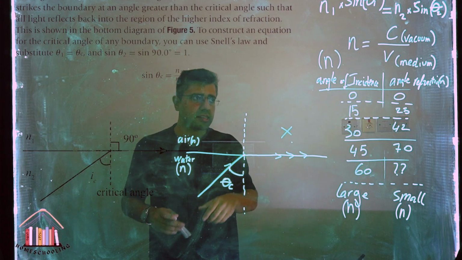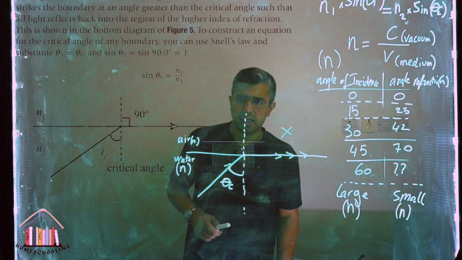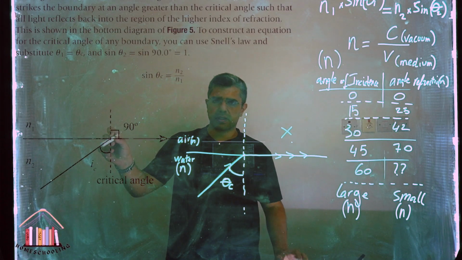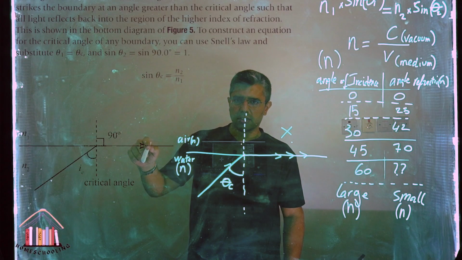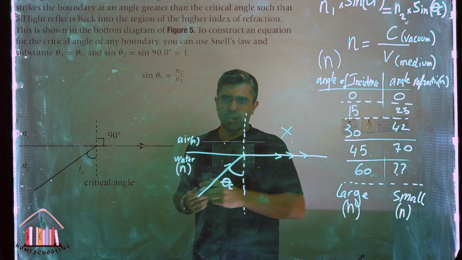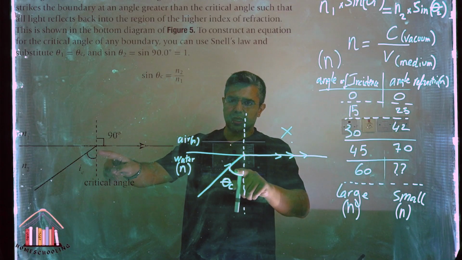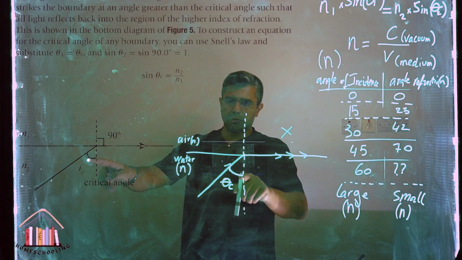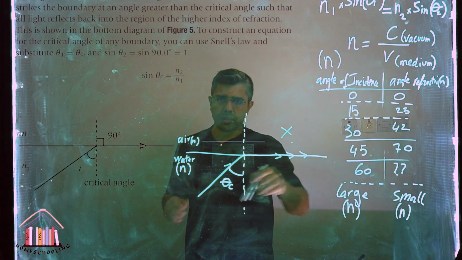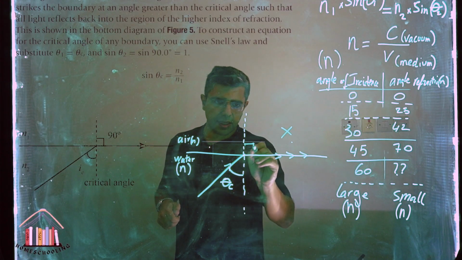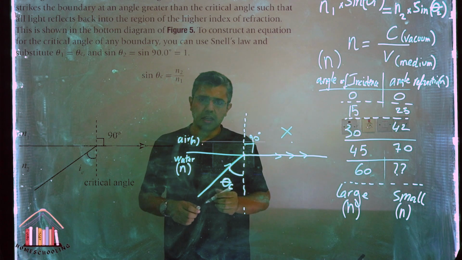If you compare this figure to the one that I drew, we have a critical angle going straight along the boundary, making 90 degrees with the normal. So this is 90 degrees as well.